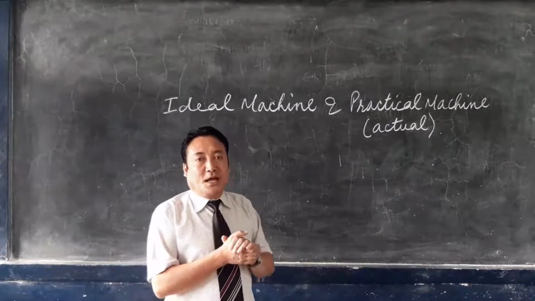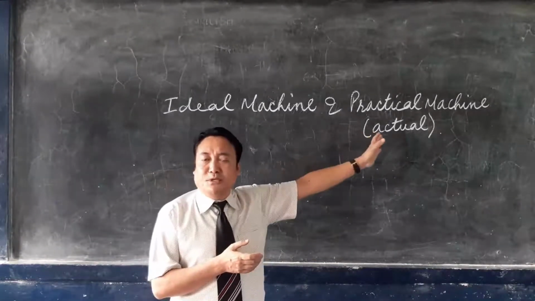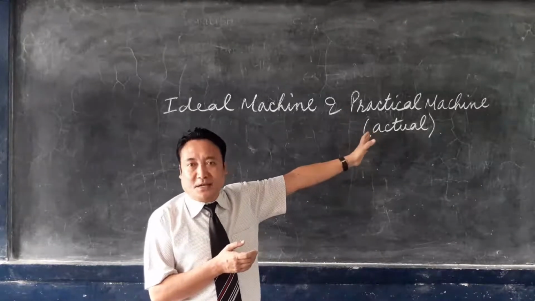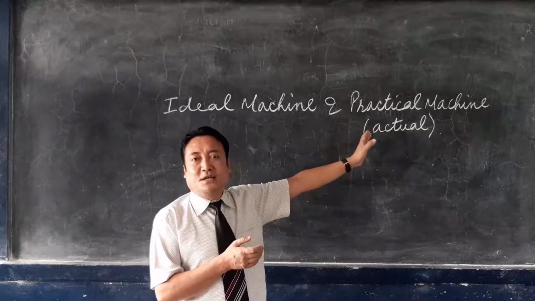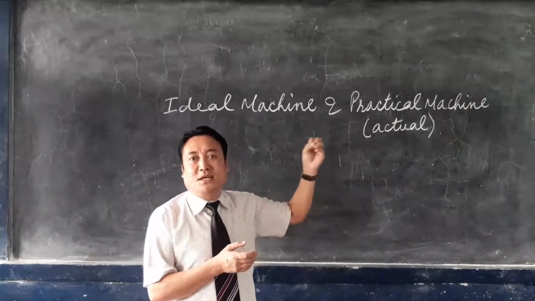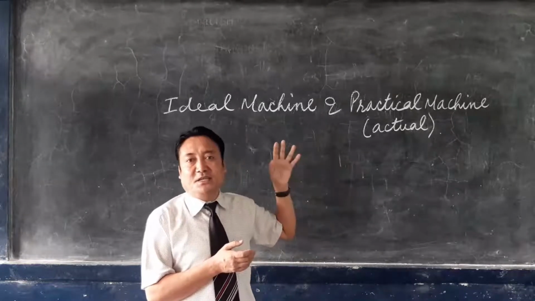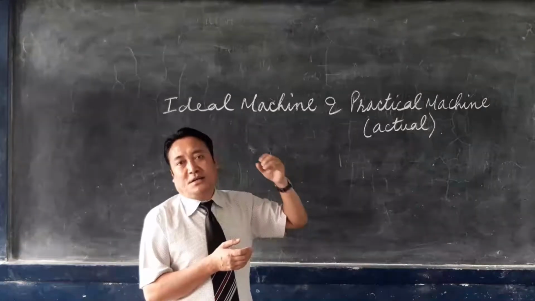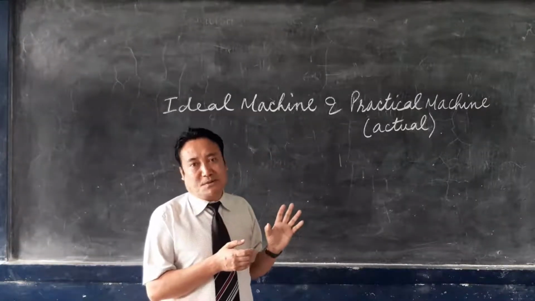The practical machine is whatever machine we are using in day-to-day life to make our work easier. Because when we use a machine, either a simple machine or a complex machine, there is always a loss of energy in the form of heat or sound, due to the friction between the different machinery parts.